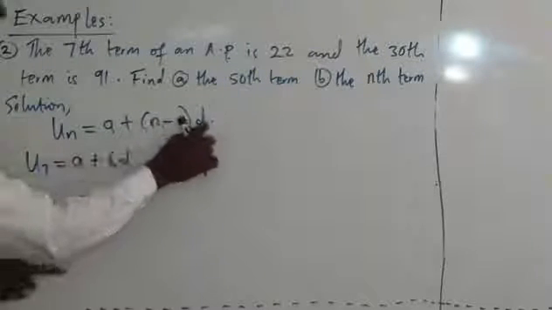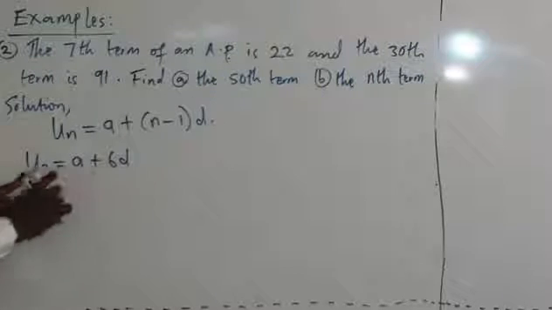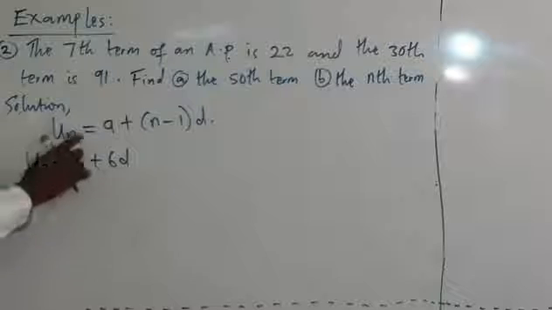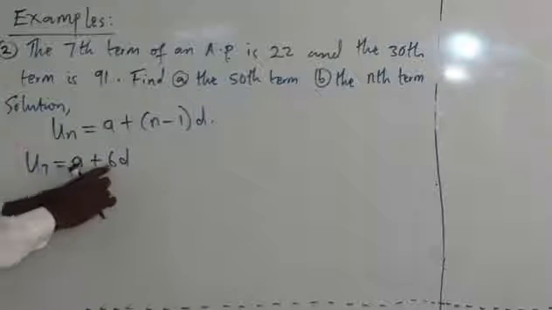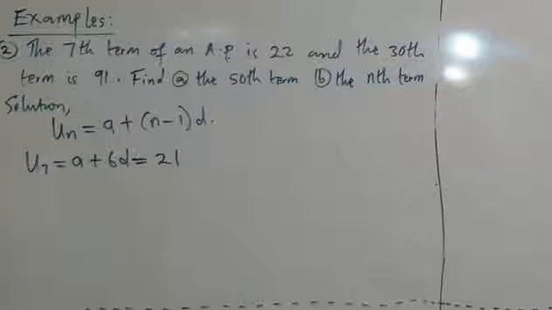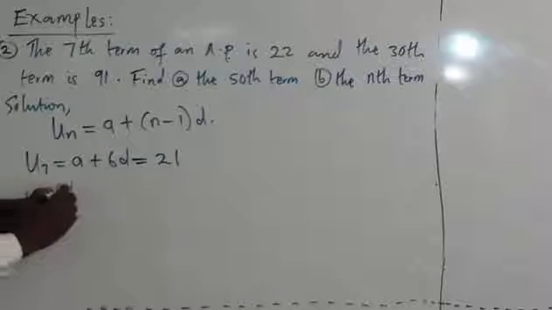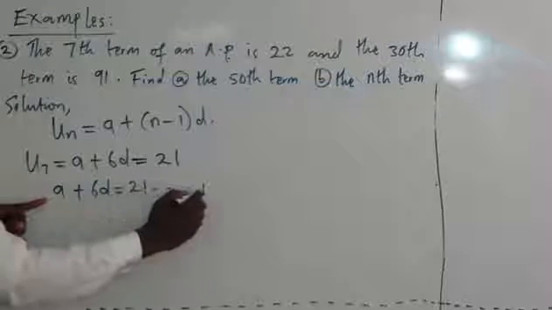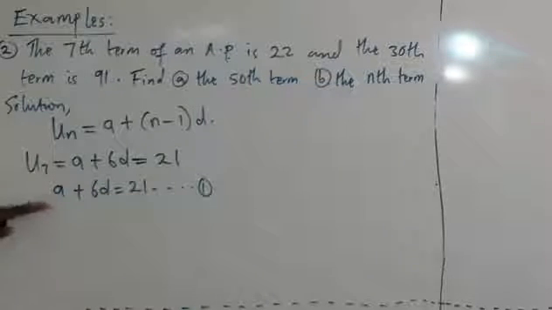So 6 multiplied by d, we have 6d. So that is why we have u7, which is the 7th term of an AP, equals a plus 6d equals 21. So we now write it as a plus 6d equals 21. Equation 1.